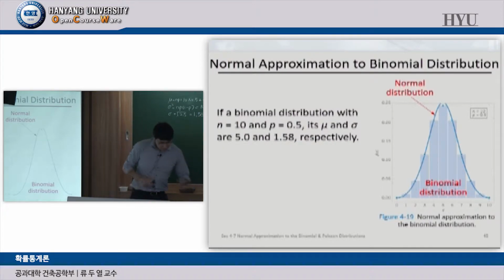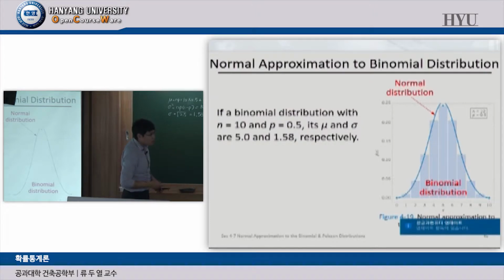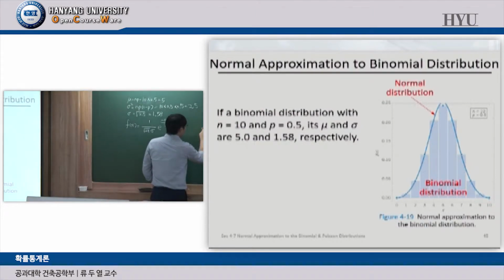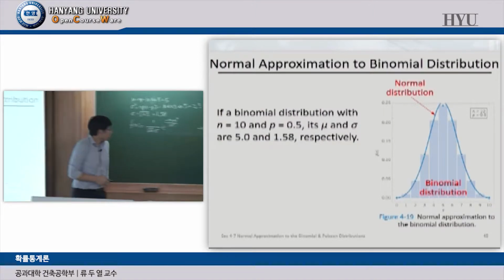What is the probability density function of the normal distribution? That is f(x) equals 1 over root 2 pi sigma times exponential of minus (x minus mu) squared over 2 sigma squared, for x from minus infinity to infinity.